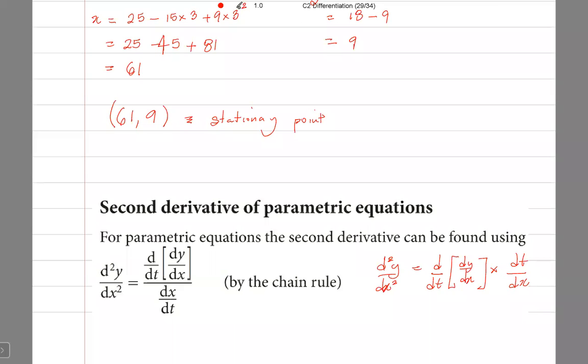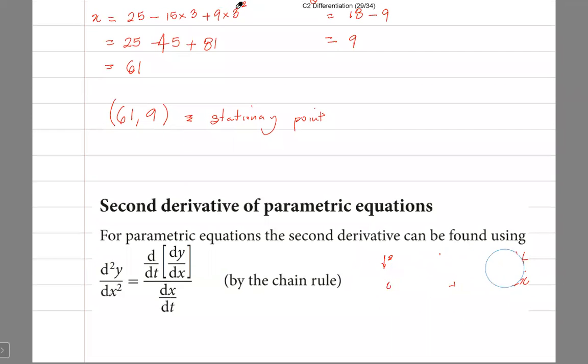But let's do it again. So this is what I was saying earlier. Second order derivative of a parametric equation: for a parametric equation, the second derivative can be found using d2y by dx squared is equal to, you're going to differentiate dy by dx, because remember dy by dx is going to be a function of t. You're going to differentiate with respect to t, and then you're going to divide by dx by dt.